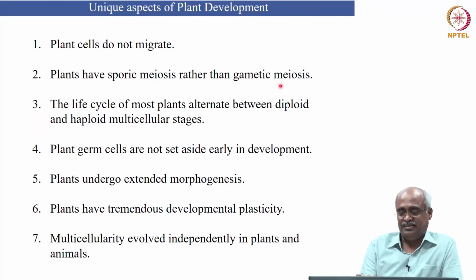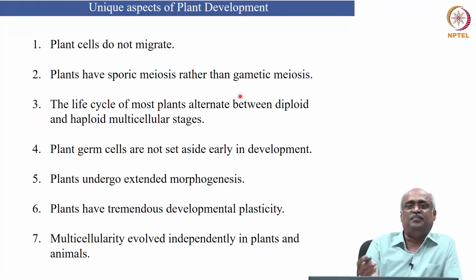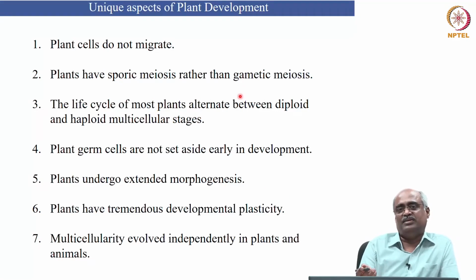As a result of that, meiosis does not result in gametes, and instead it generates a set of cells that can mitotically proliferate. Plants actually exist in two different stages in their life cycle.